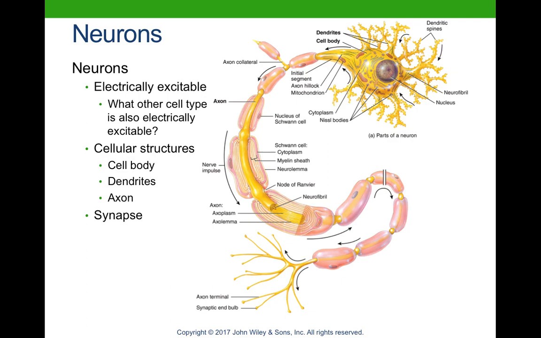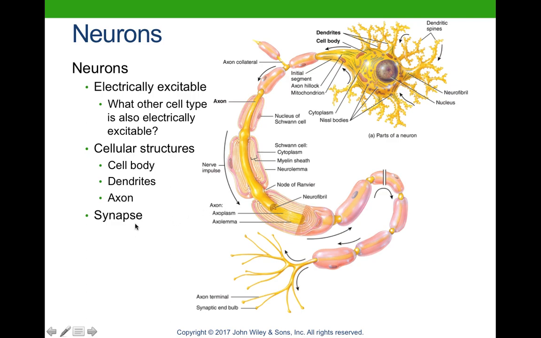The dendrites are the receiving or input portions of a neuron, and the axon will conduct nerve impulses from the neuron to the dendrites or cell body of another neuron or to an effector organ of the body, such as a muscle or gland.